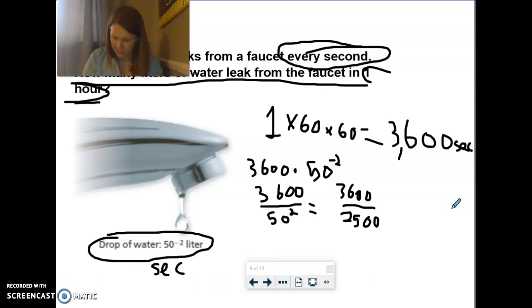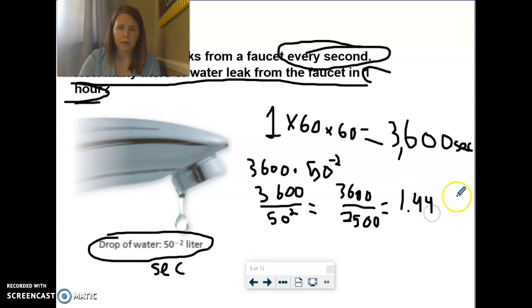Let's keep going then. So I've got 3,600 out of 2,500. This is where I would then plug it into a calculator and see division-wise what it's going to come out to be. So I just grab my calculator. If you don't have a calculator at home, just use your phone, or you can use the computer one to check your work. So 3,600. All right, looks to be that when I divide this, I get 1.44.